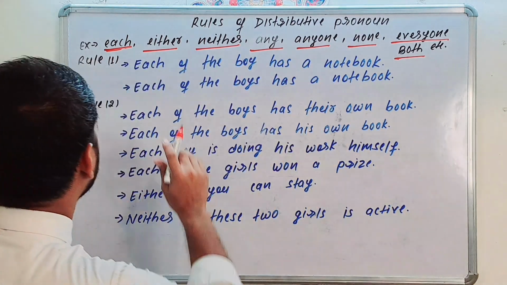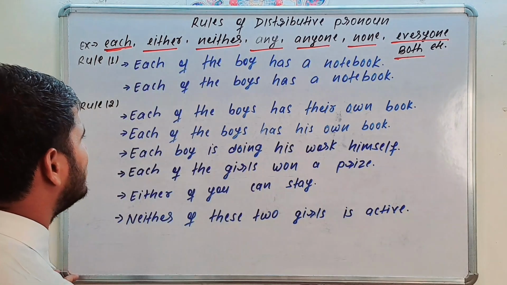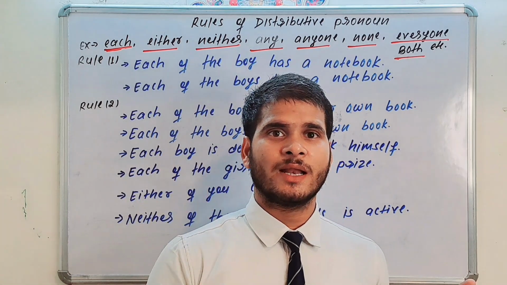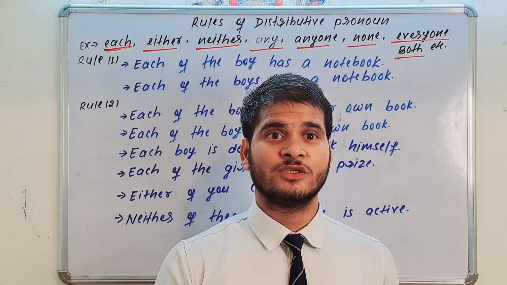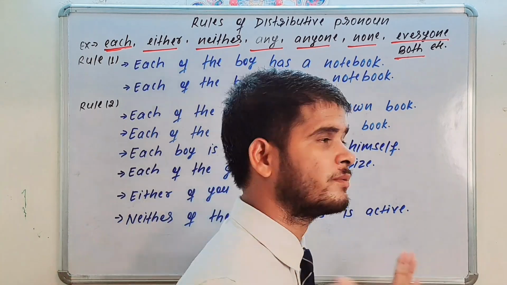Now you'll see, rule first: each of, either of, neither of. A plural noun or plural pronoun is used after each of, either of, neither of.